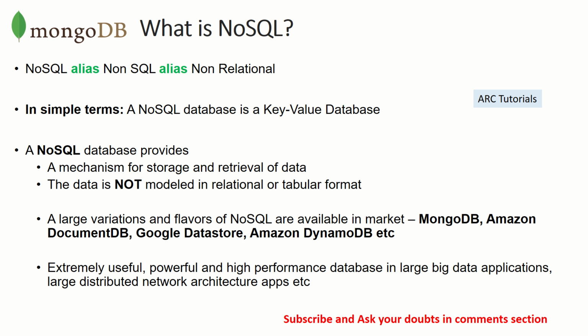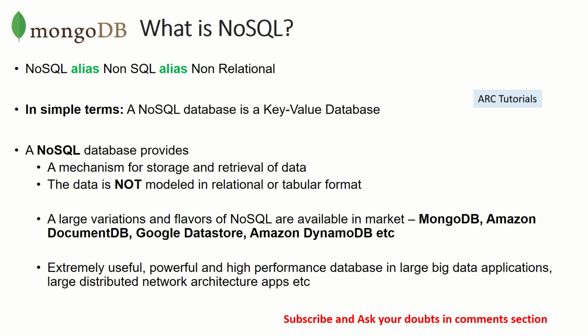So in simple terms, a NoSQL database is nothing but a key value database which does not have relational data, which means there are no tables, which means there are no rows and columns. There is no structure to it, right? It is a document that is stored as a JSON file or JSON object, which is key value pair, right? So that's why it is called NoSQL.